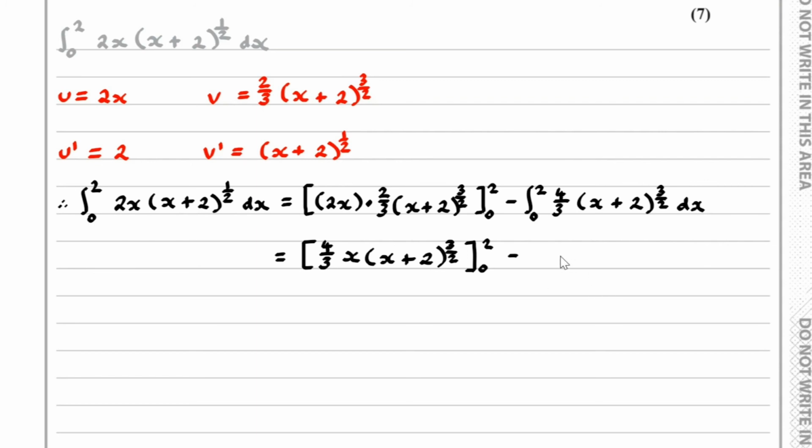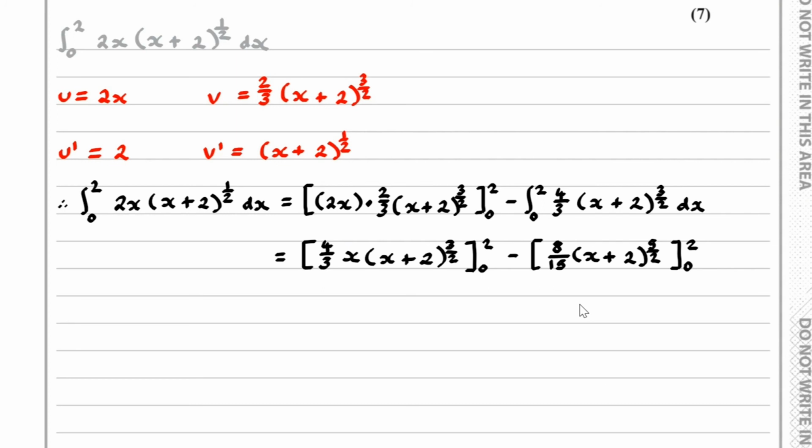If I first of all add 1 to the power, I've got x plus 2 to the power of 5 over 2, and then divide by the new power, 4/3 divided by 5 over 2, that's 8 over 15. So I subtract 8/15 times x plus 2 to the 5 over 2 in between 0 and 2.